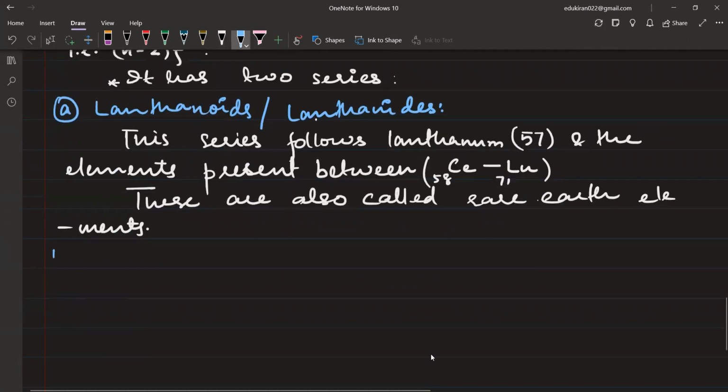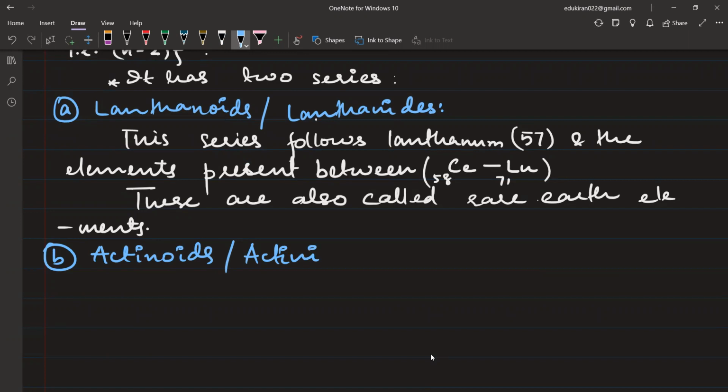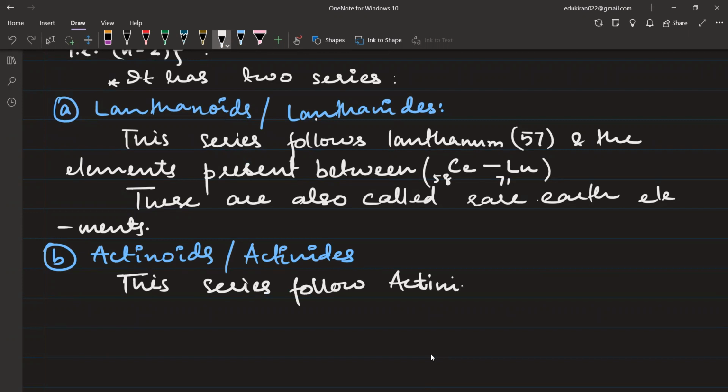Right, for the second one, these are known as actinoids or actinides. This series follows actinium.